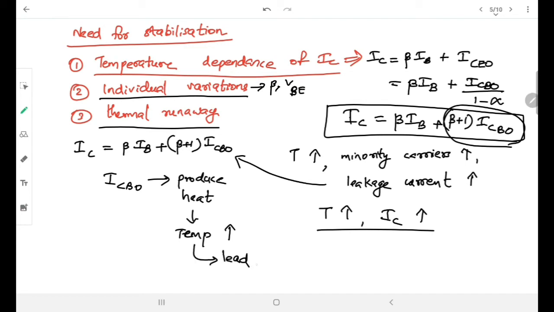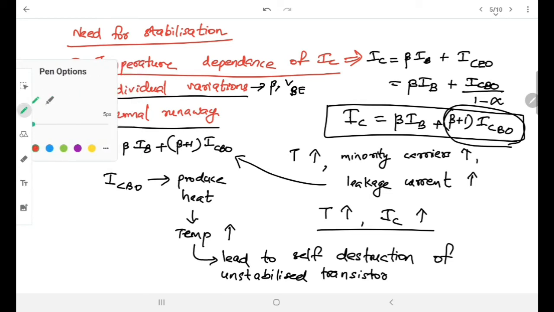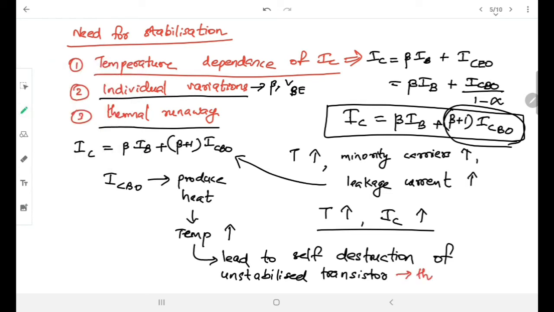So the temperature increase will lead to self-destruction of an unstabilized transistor. Because our transistor is not stabilized, this unstabilization will cause self-destruction of the transistor, and it is known as thermal runaway.